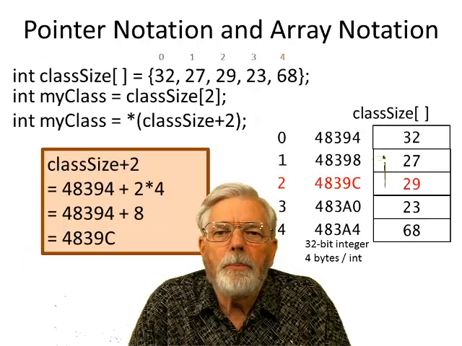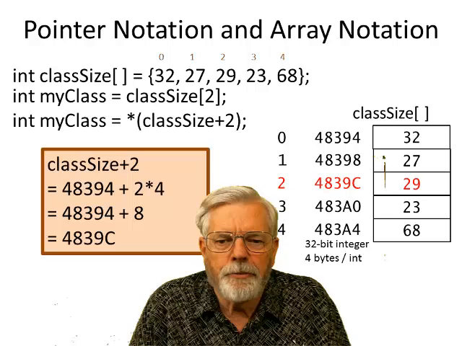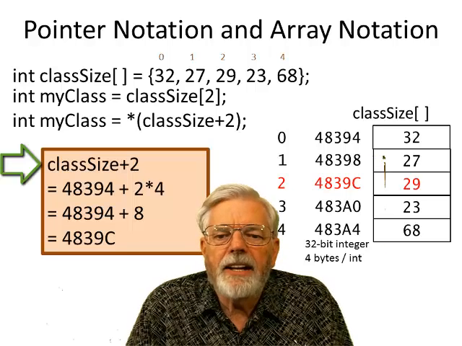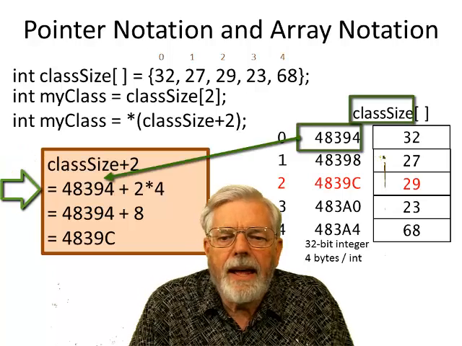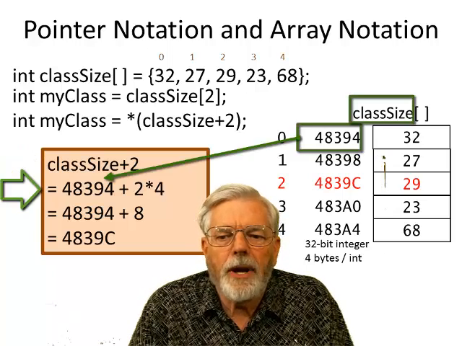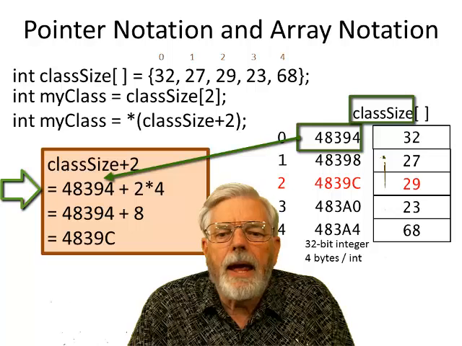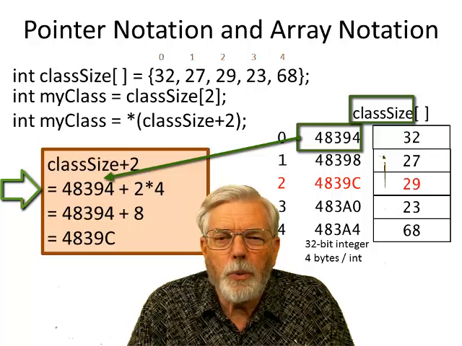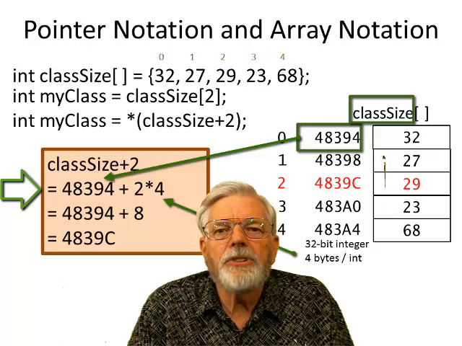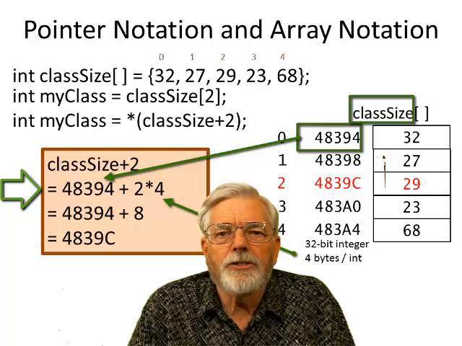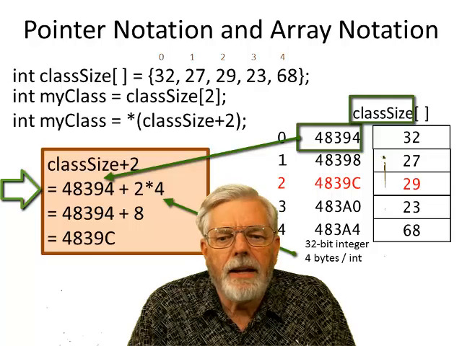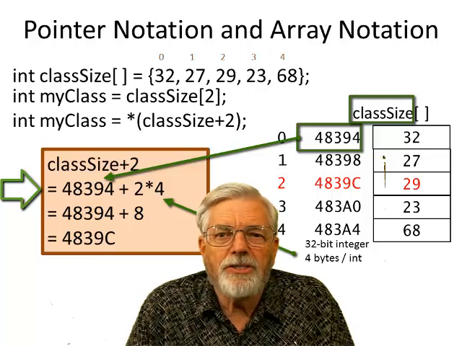Here's a little bit more information about pointer notation. When I say class size plus 2, what happens is I have class size, which is 48394, and when I add 2 to it, it's really adding 2 times the size of the element. So if an integer is 4 bytes, then it's 2 times 4, and that's done secretly.